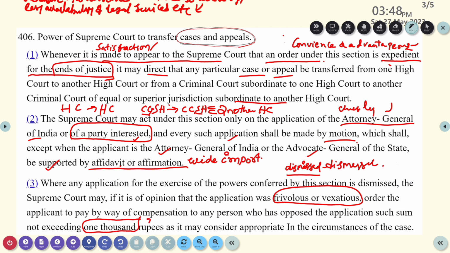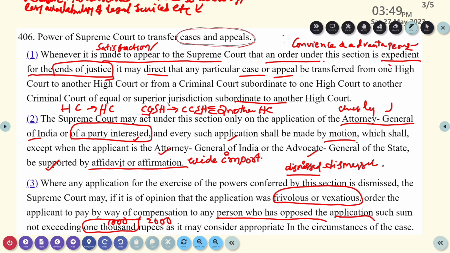In CPC it is 2,000; here it is 1,000. So, not exceeding 1,000, compensation can be given. To whom is this compensation? To the other side, who has opposed the application.